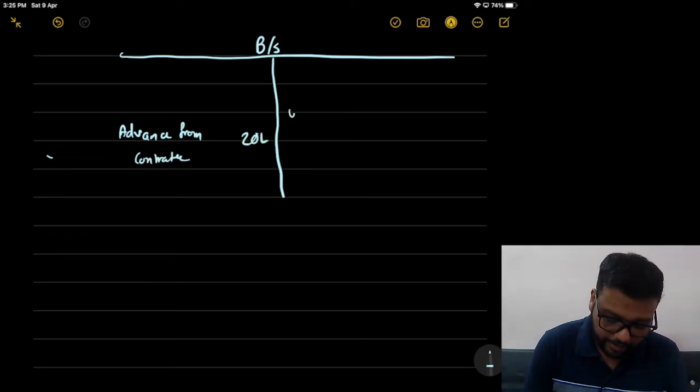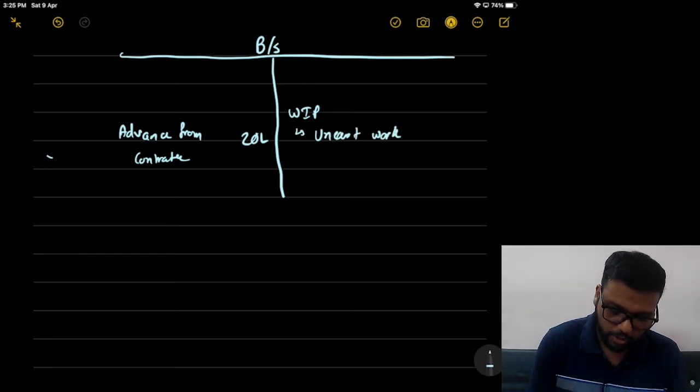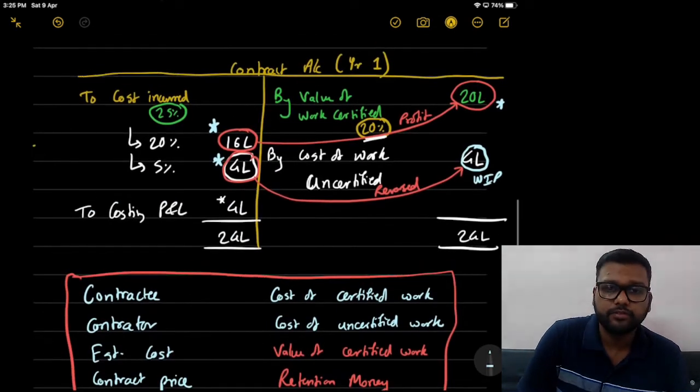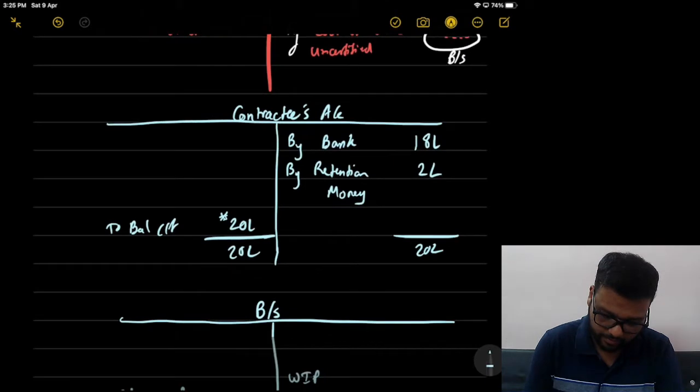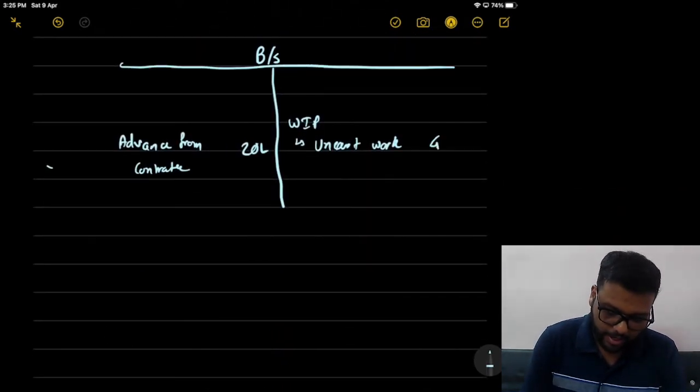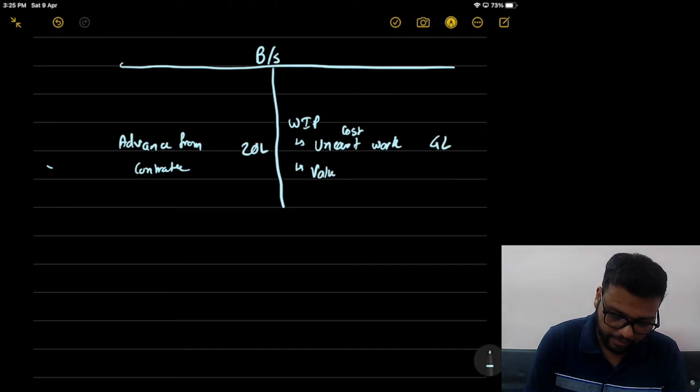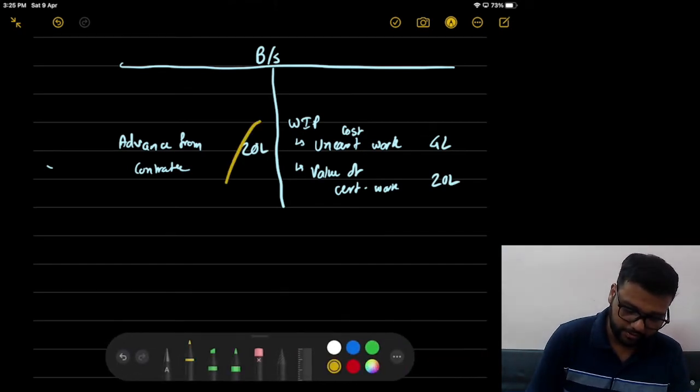And here we'll show WIP in the form of uncertified work. How much was our uncertified work? 4 lakhs. And then this is cost. And then we'll show the value of certified work, which is 20 lakhs, so that this is anyway getting knocked off.